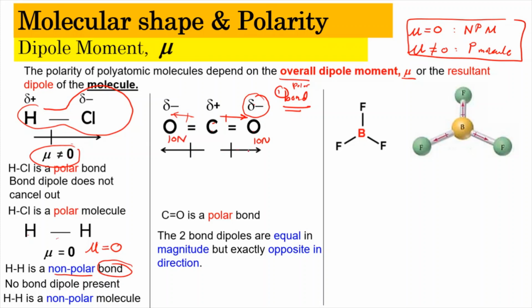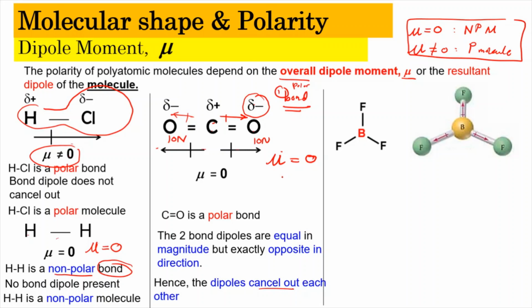The 10 Newton on the right-hand side and the 10 Newton on the left-hand side cancel out. So when they cancel out, we know that our mu for the molecule overall will be equal to 0.